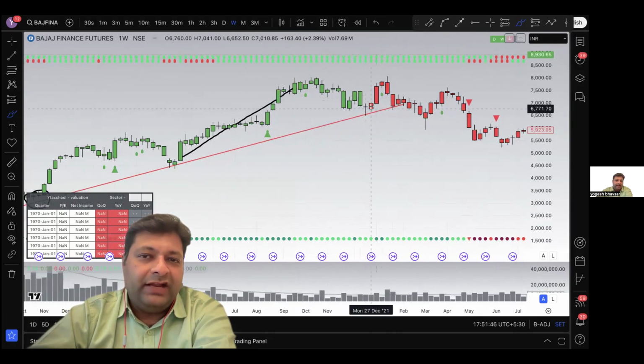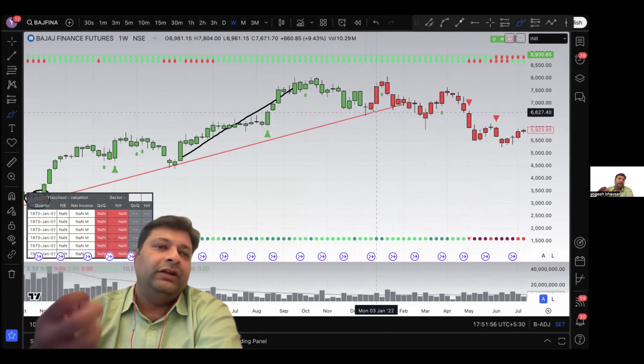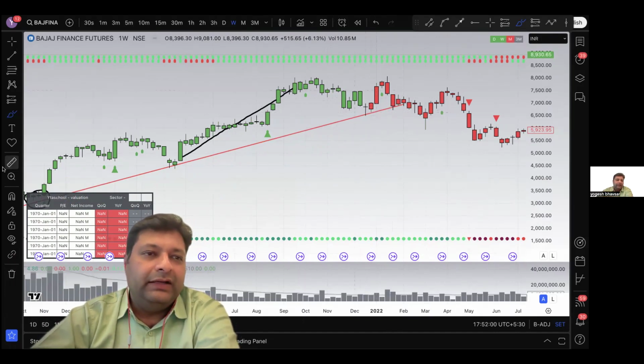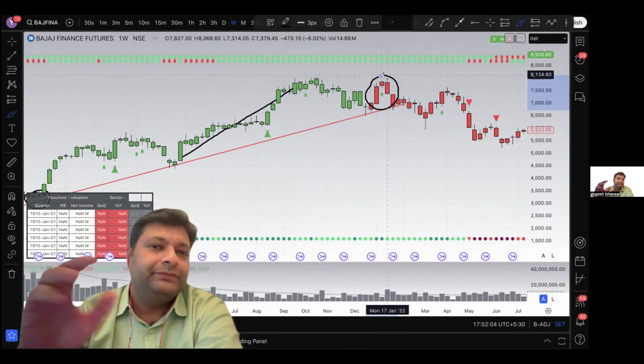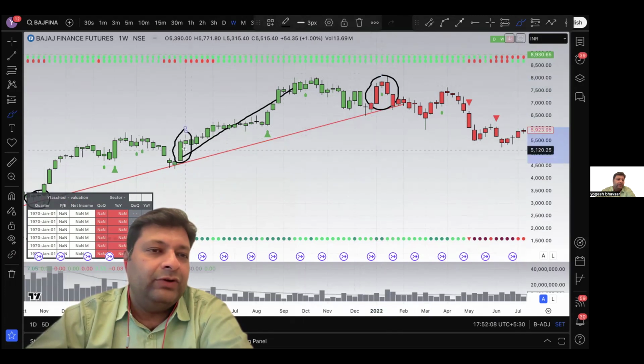But look at the beauty of this strategy. There was an engulfing candle, a doji at the trend line. There was a dark green dot also to tell you, okay, fine, there is a possibility that the trend is going to change back up. But the candles have already converted into red. Can you see the difference? Over here, the candles never turned red.